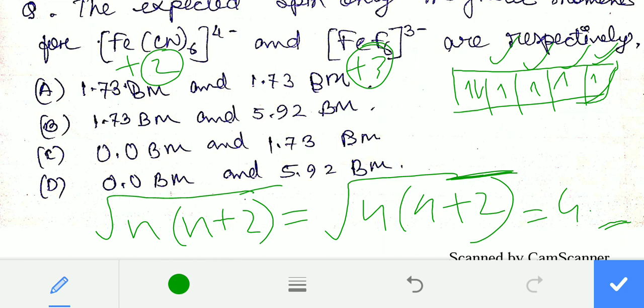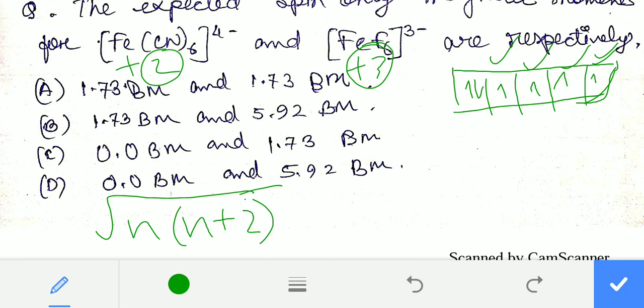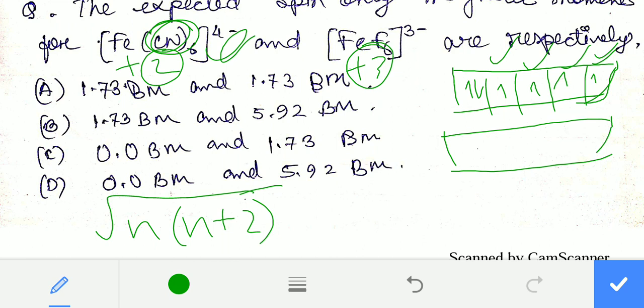So we need to consider again a concept: in Fe(CN)6 4 minus, CN minus is a strong field ligand. Now in the environment of a strong field ligand, the electrons of the central metal atom are paired up, so the electrons in the orbitals will like to be paired up.